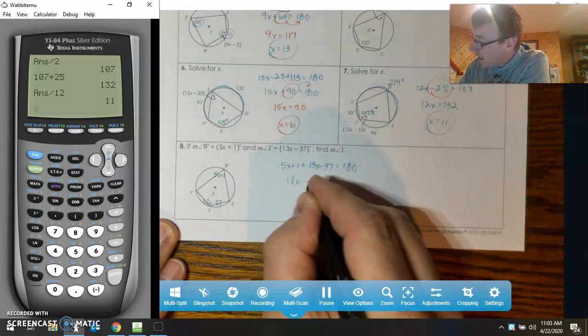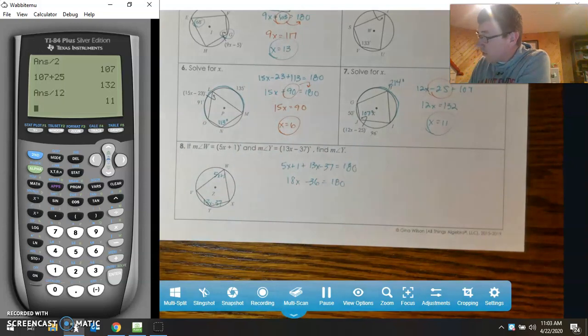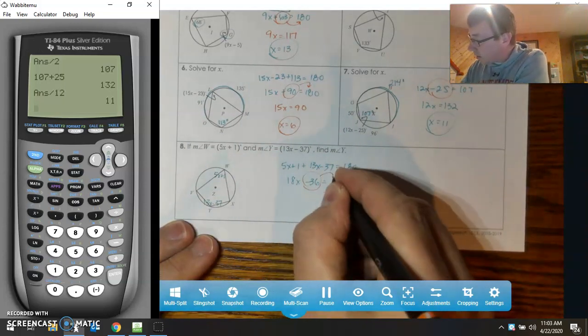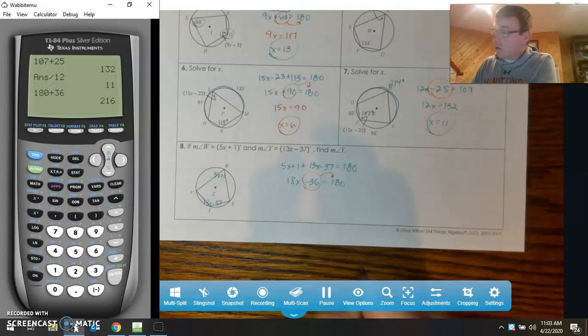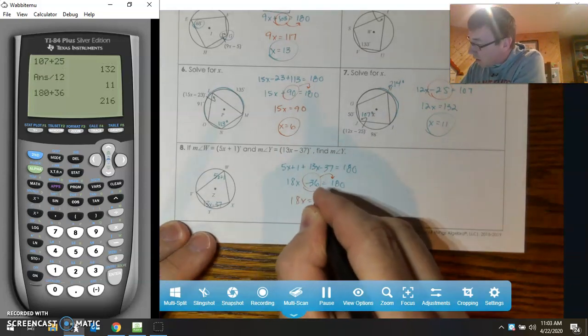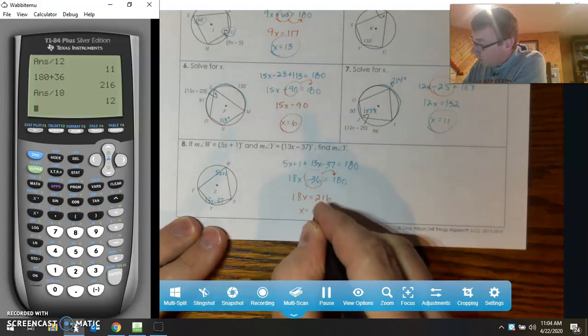So 18x minus 36 will equal 180. I combine the negative 37 and the 1. I'm going to add the 36 to the other side. So 216. Divide that by 18. X will be 12.